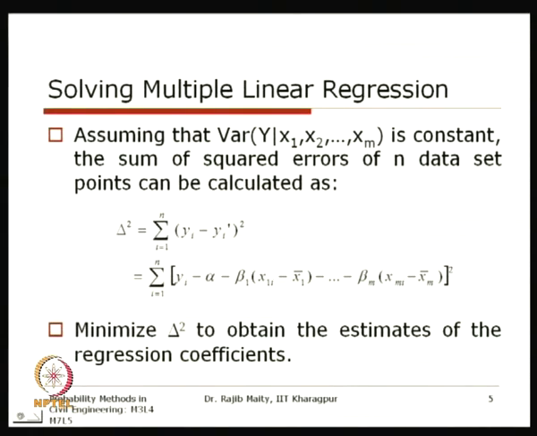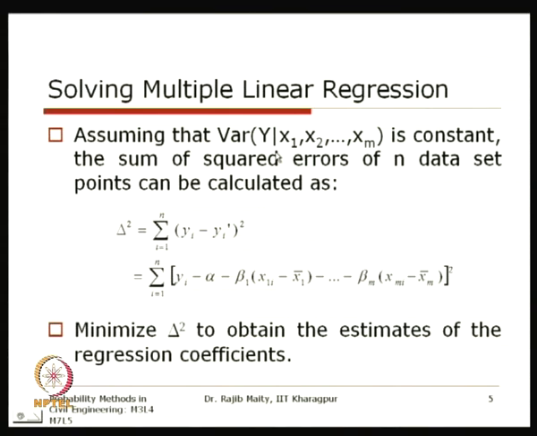Similarly here, with respect to which zone we are talking about of the combination of the input variables x 1, x 2, x m, the variance of the target variable y is either constant, or it can vary. But if it varies, then how it is varying over this zone should be a known function.